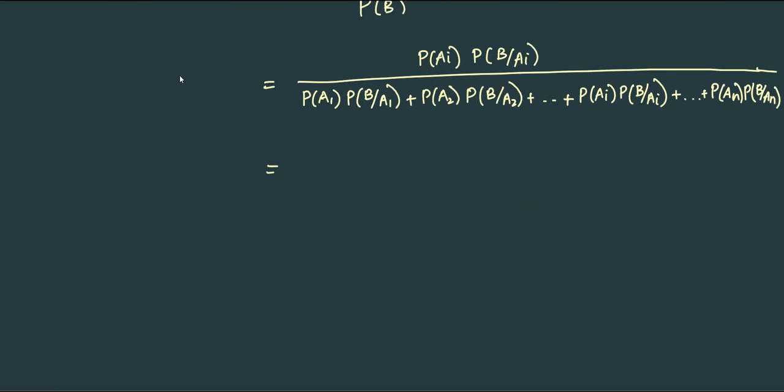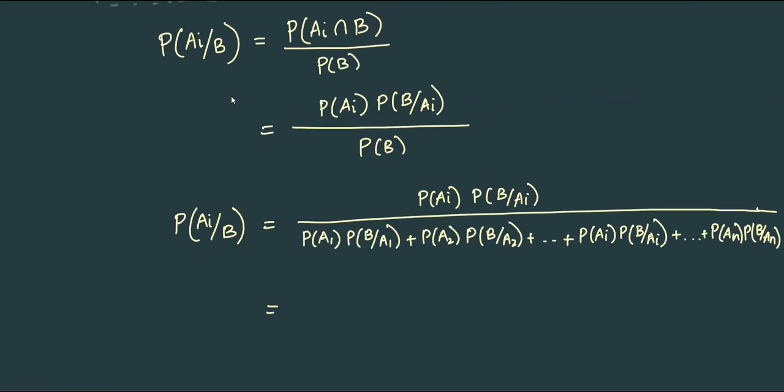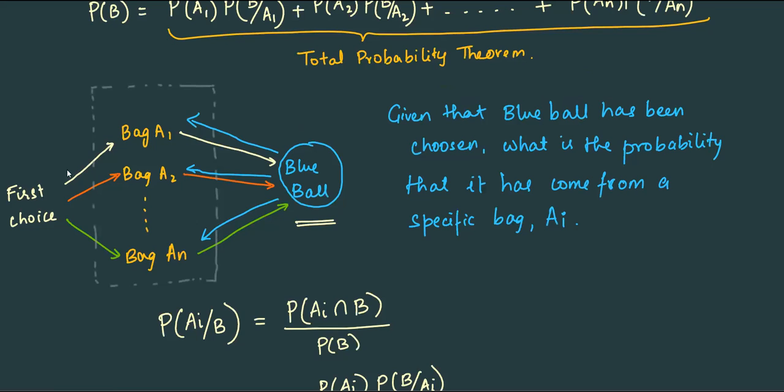So this, the probability of Ai given B, the reverse. First, see, this is two successive events, you can say. So this is the first event, E1, and this is the second event.